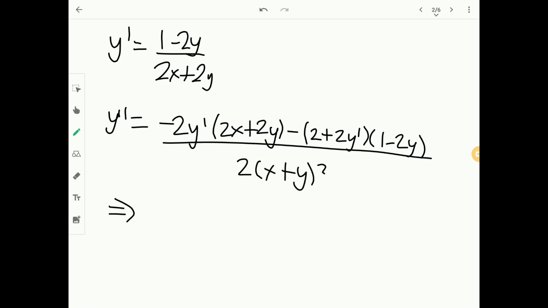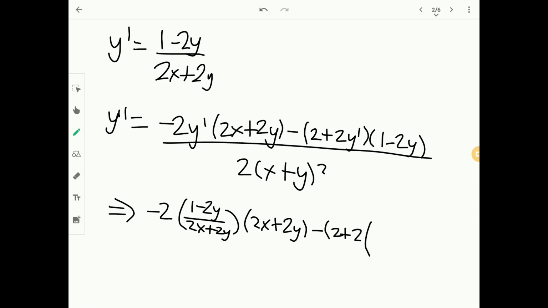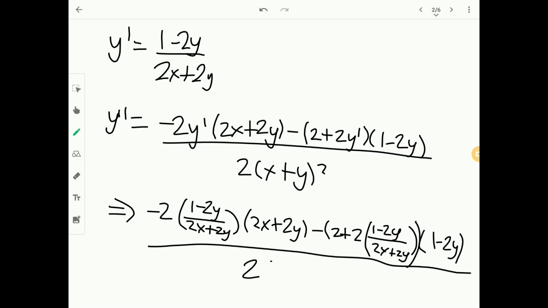Since we have y prime, we have to substitute (1 minus 2y) over (2x plus 2y) for y prime. Now you have to go through the hassle of common denominators and simplifying. I'm not going to go into all that.